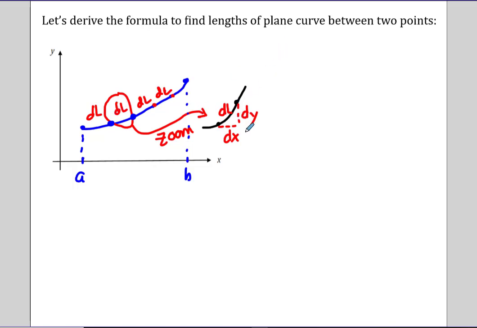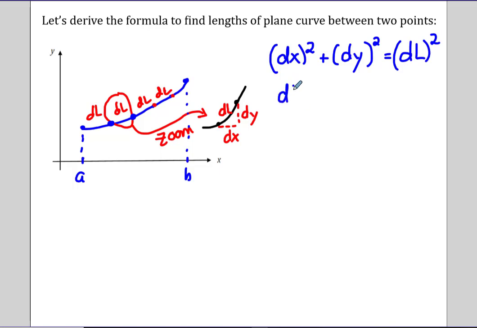If you zoom in on that, you've got the change in x, that's my leg squared, and the change in y, that's the taller leg squared, and that's going to be the length of the hypotenuse squared, which tells us that we can find the length of that little segment by doing exactly what we did in the first example, using the Pythagorean theorem, or the distance formula.